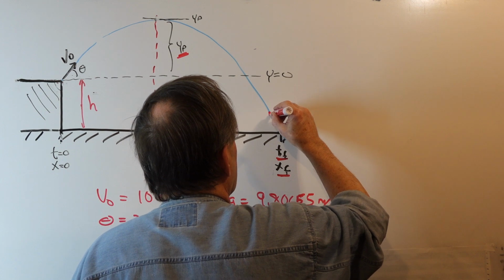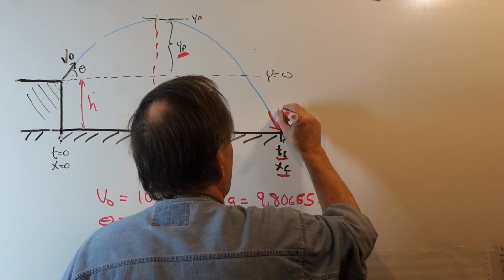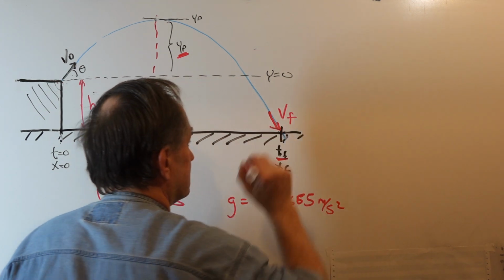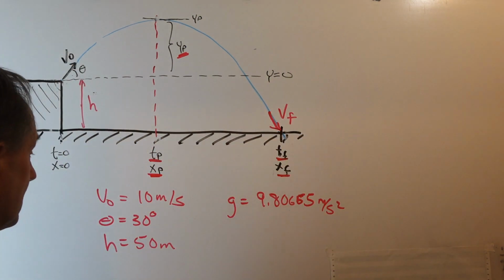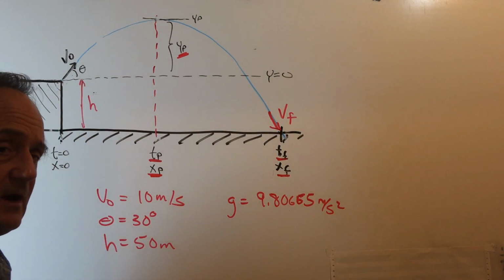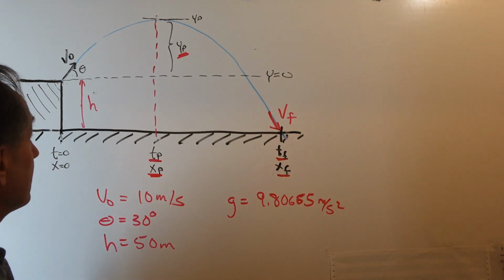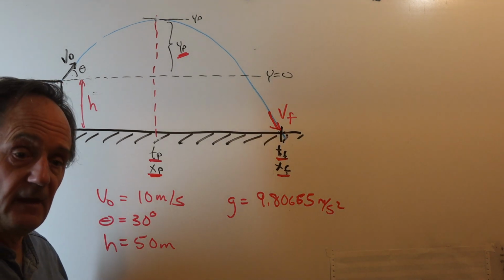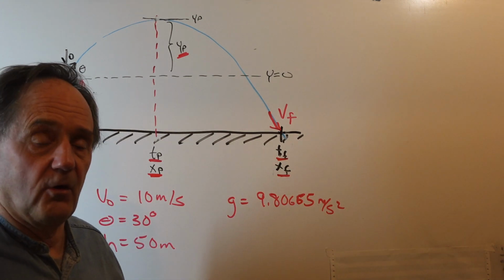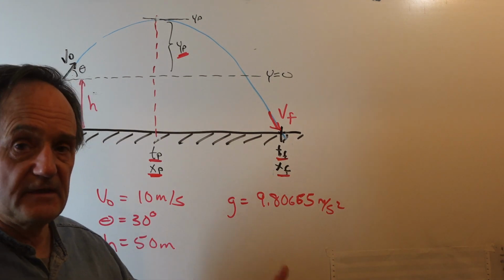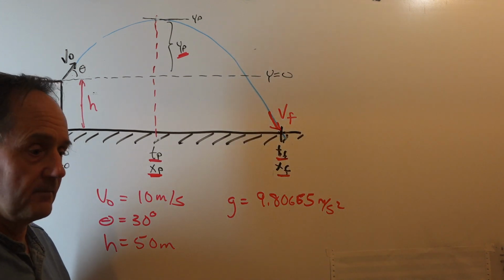And additionally, what is the final velocity when it hits the ground? It's coming down at an angle, so what's that velocity? So there's the problem, and see if you can solve it. You can turn the video off now and try to work on it, or continue on with the video and see how I solve the problem.